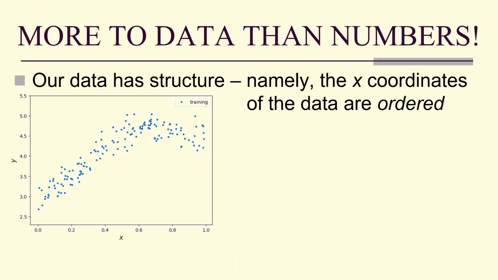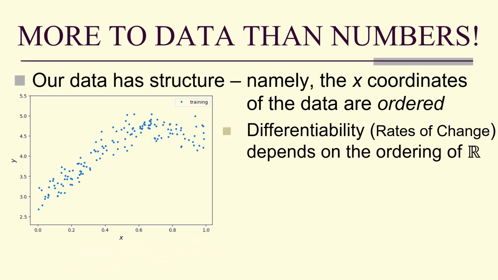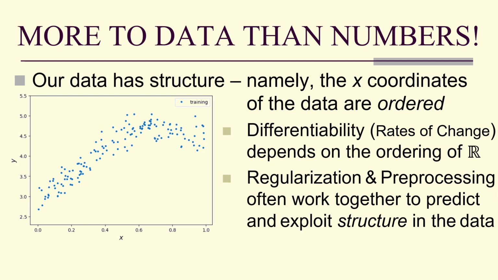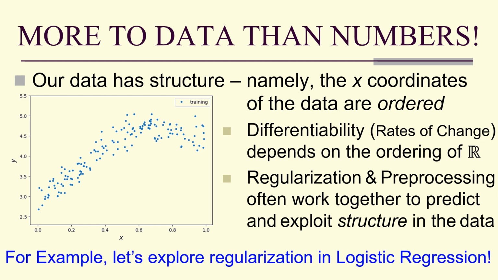The X coordinates of the data are ordered. The order matters. Differentiability depends on the ordering of R. Why would you talk about rates of change if you don't have a firm concept of what it means to change from one point to another on the real line? And regularization and preprocessing, as you see here, often work together to predict and exploit structure in the data.